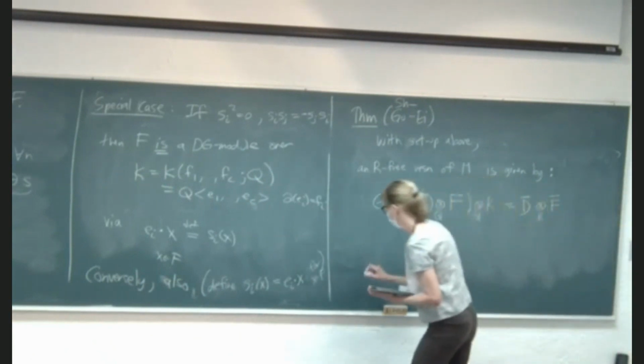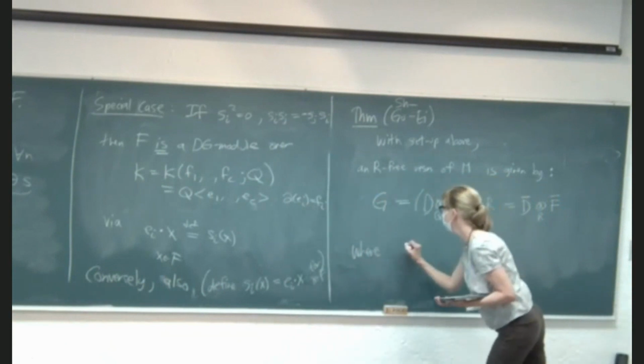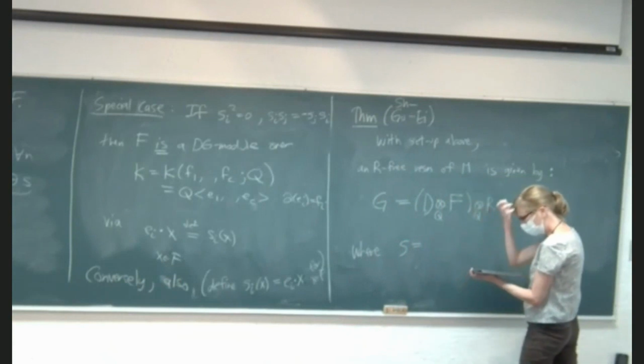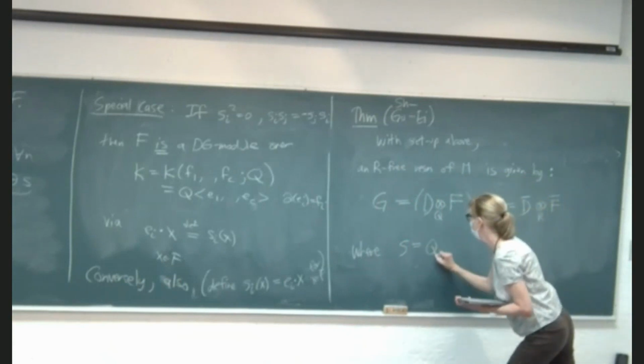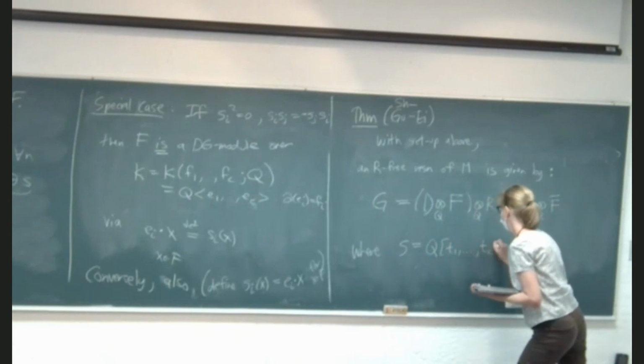Okay, so first, S, which didn't even show up here, but let me tell you what S is: a polynomial ring. I'm going to write it Q adjoin T_1 to T_c.